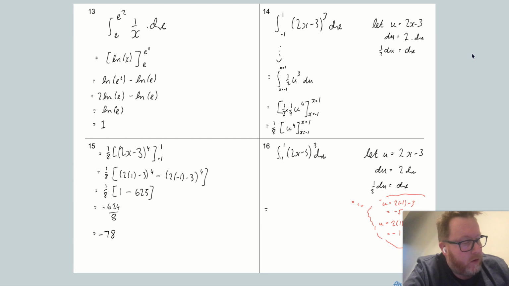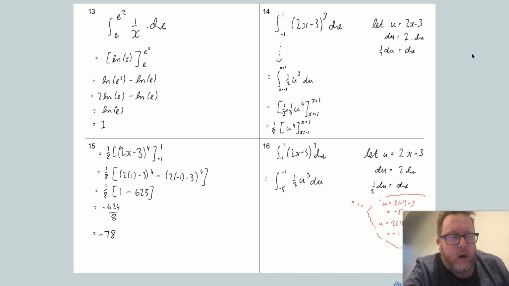And so our integral, I might actually just do it a bit further up the page, just so that I can try and fit it onto this one slide. So our integral now becomes the integral from negative 5 to negative 1. Okay, so I've got new lower and upper bounds of a half u to the power of 3 with respect to u.